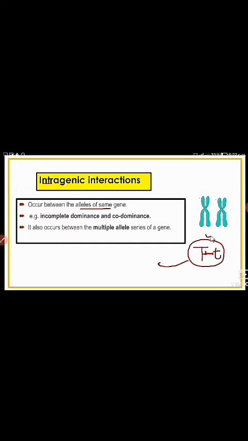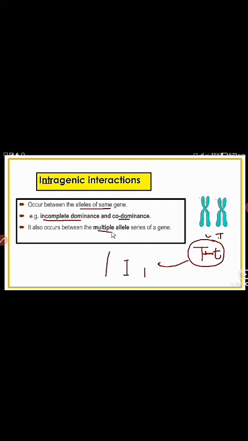Suppose there are capital T and small t, a medium height of the plant will be produced, or the in-between product will be produced. This intermediate production of these two characters is called incomplete dominance and codominance.